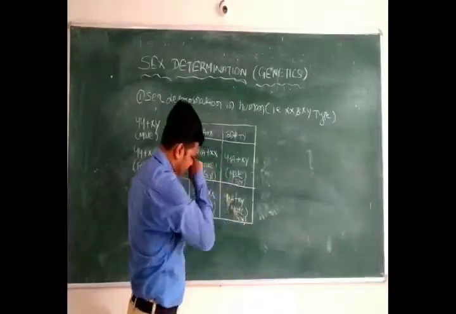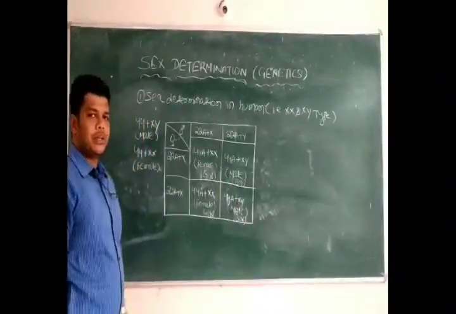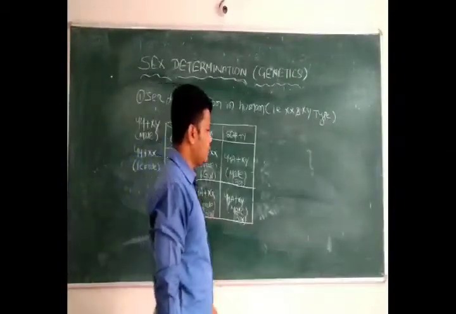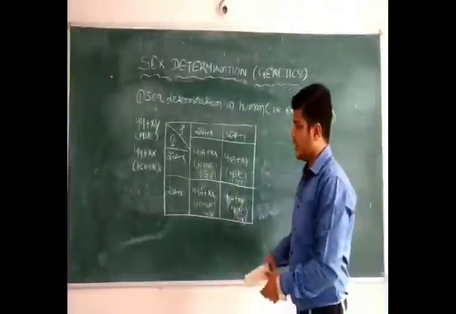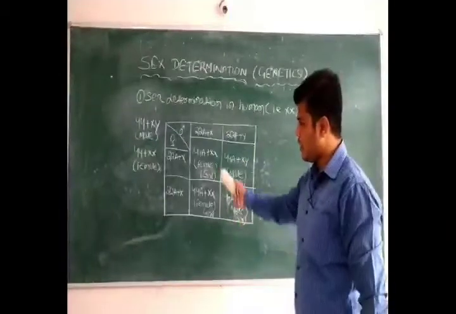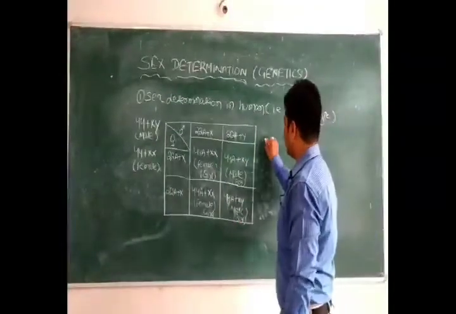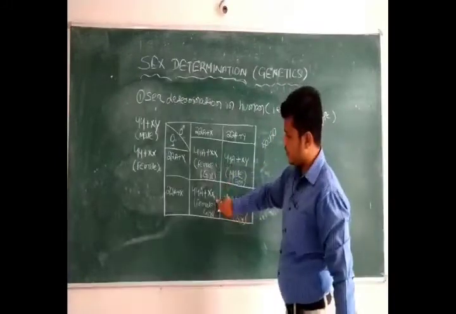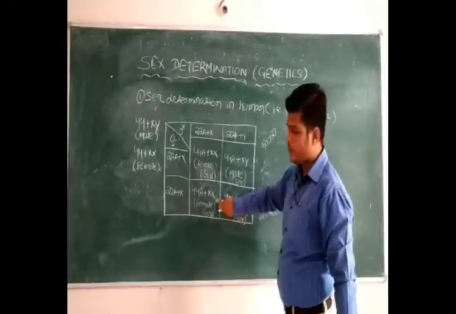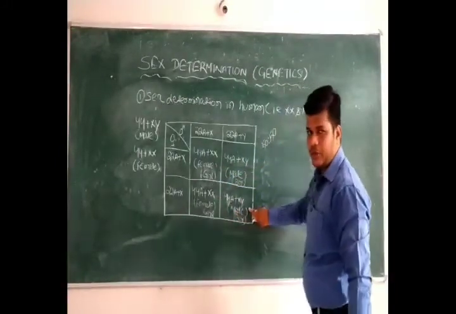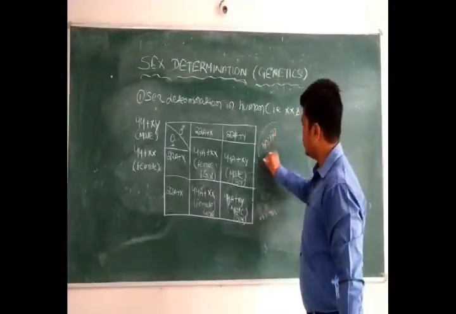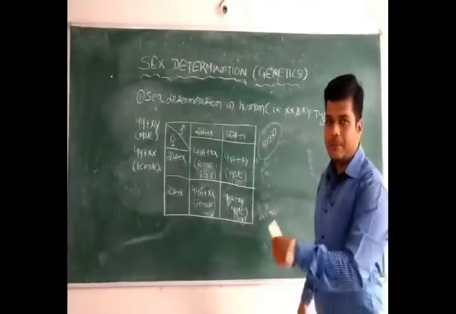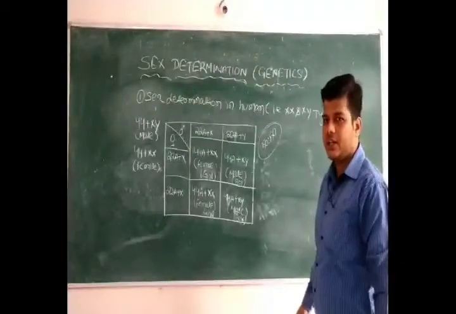So this is the sex determination in human. There is a 50% possibility of girl, the ratio is 50:50. Two girl babies and two boys are produced, so the ratio is 50:50.